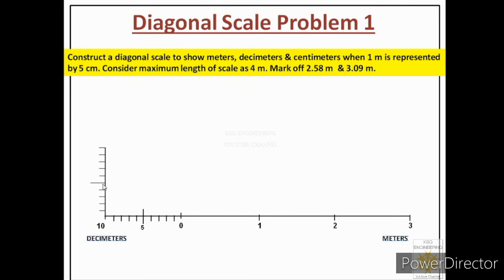I have made the midway marking slightly longer than the other markings. Now one very important point to understand: this particular scale is readable from bottom to top. Let us see all three scales again. This scale is readable towards the right of 0.